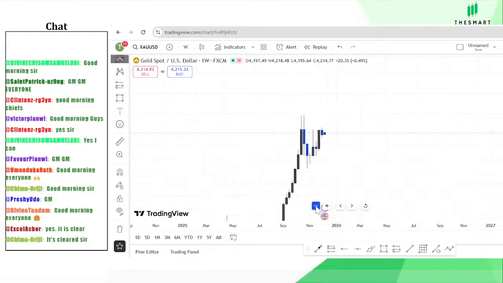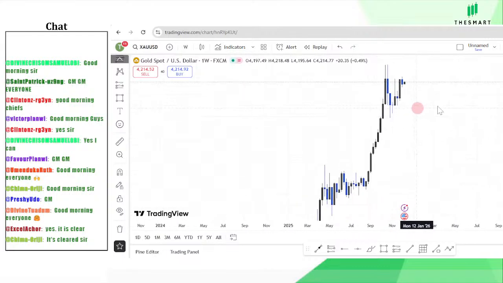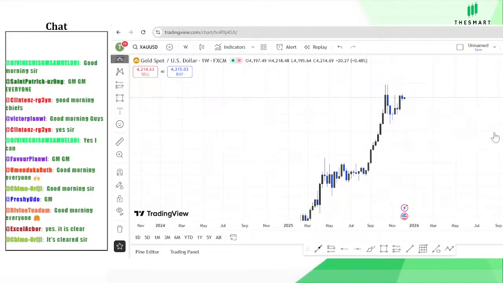And from the weekly, we can see that we are still bullish. We are still bullish all the way from August till now. We've been bullish on gold.